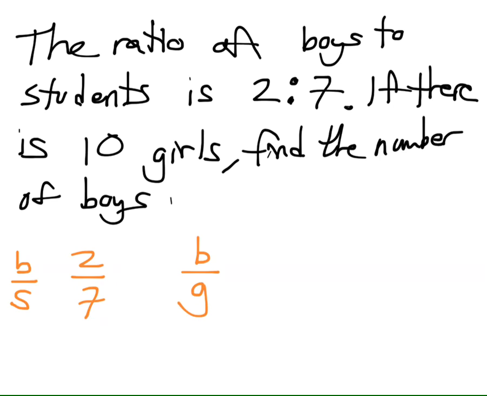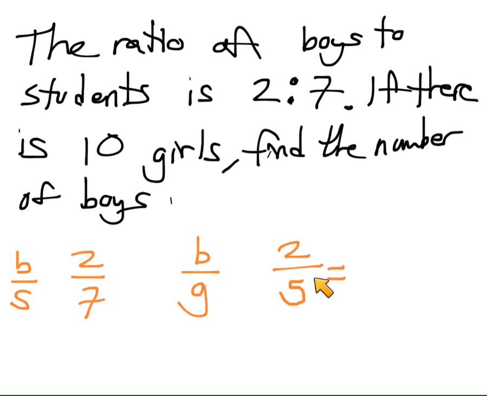So if it's 2 to 7, what would be my ratio of boys to girls? 2 to 5, right? Because if there were 7 total students, that means if 2 were boys, 5 were girls, right? So I went 2 to 5 here.